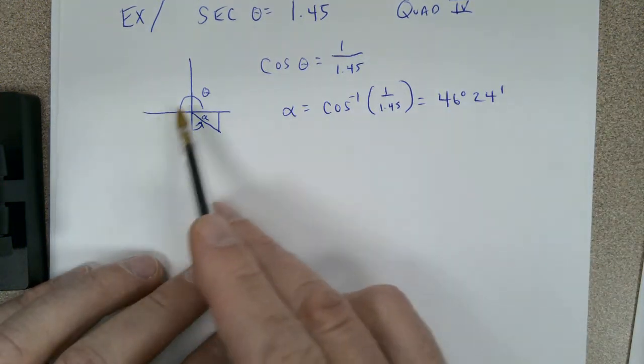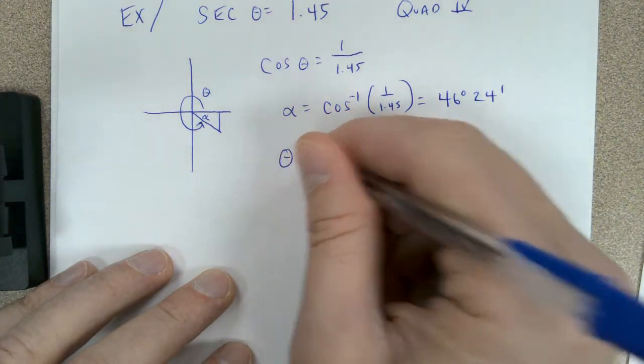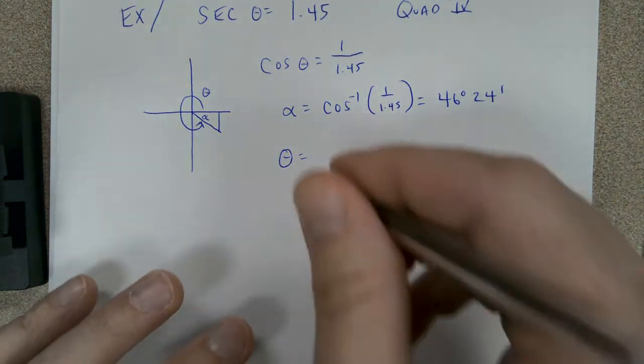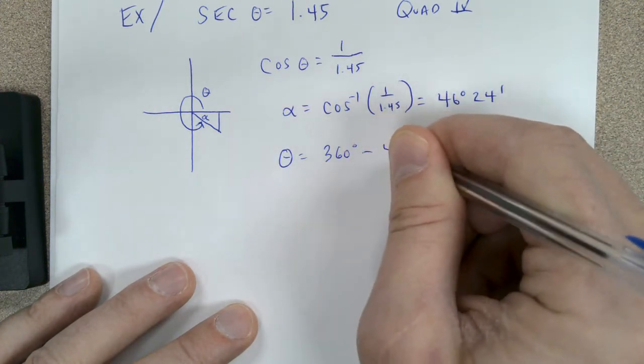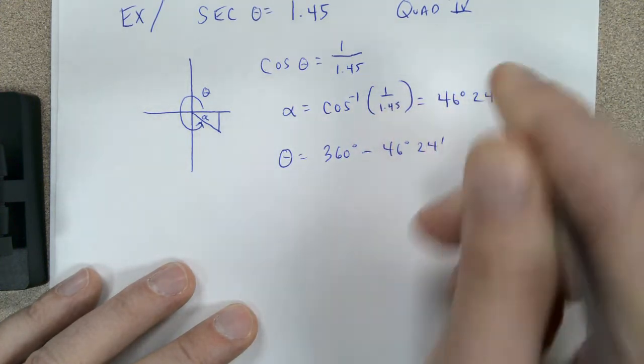Now, in order for me to find my theta, remember it's in the fourth quadrant. So for the fourth quadrant, I'm going to do 360 degrees minus the 46 degrees, 24 minutes.